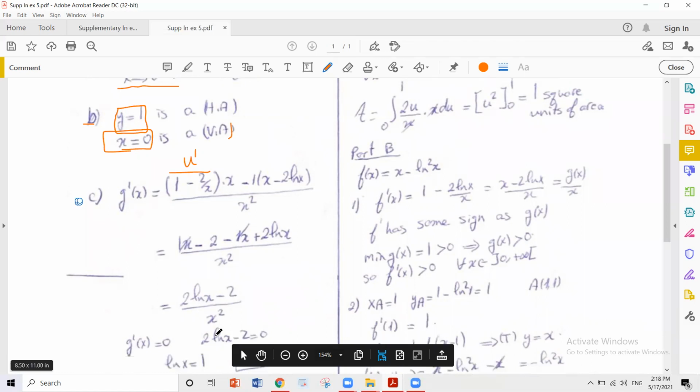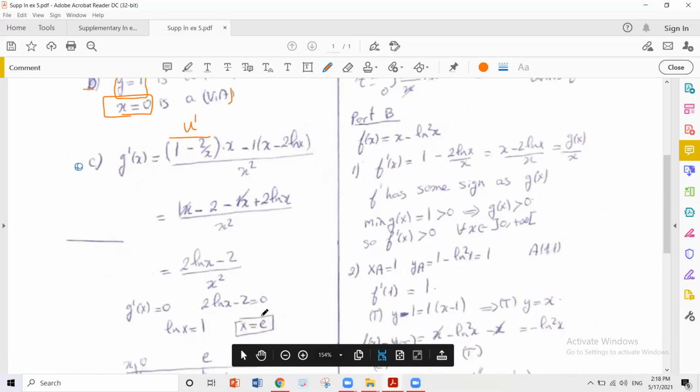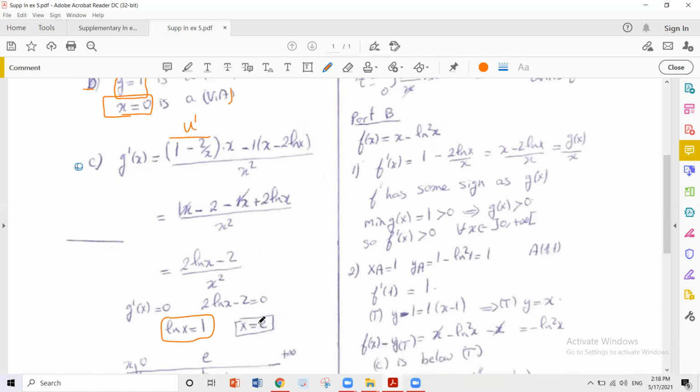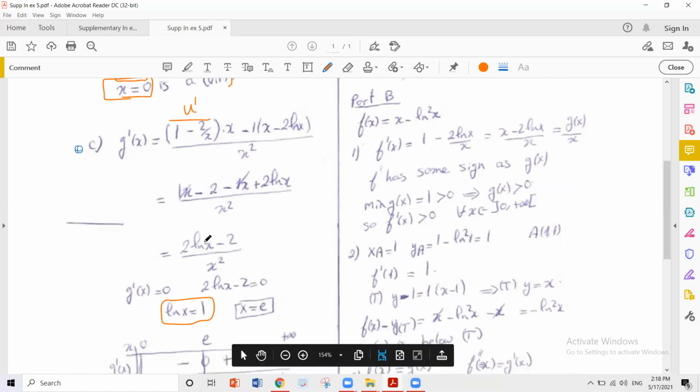We solve this equal to 0. So g prime of x equals 0: 2 ln x minus 2 equals 0, ln x equals 1, x equals e to the 1, which is e.